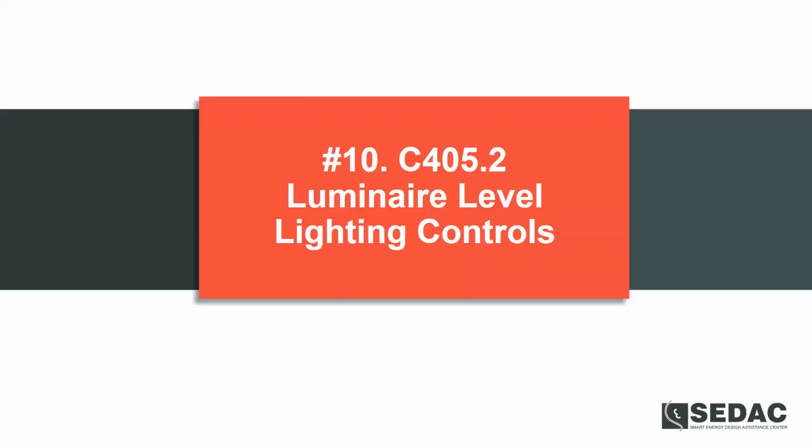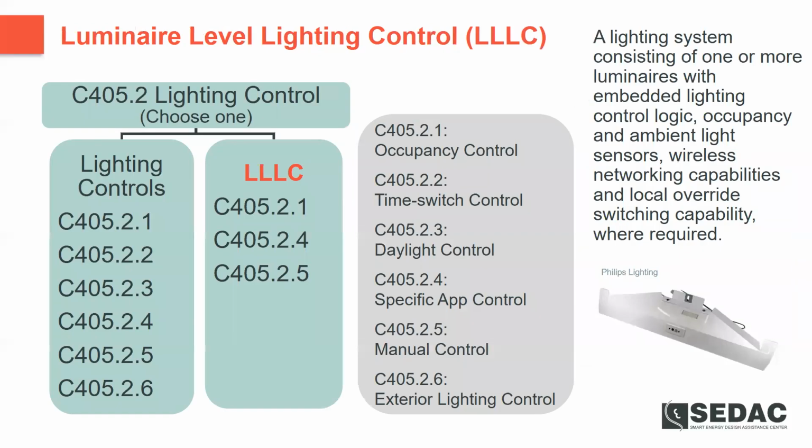Moving on to luminaire level lighting controls, this is a growing trend that we're seeing. Each individual fixture is going to have daylight and occupancy sensing controls wired directly into the fixture itself. So again, this is going to have some increased front-end work for commissioning, so you've got a lot more sensors to look at.